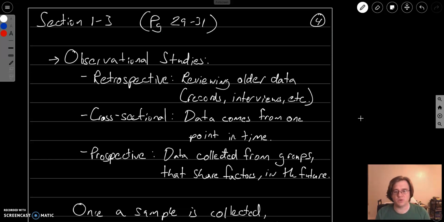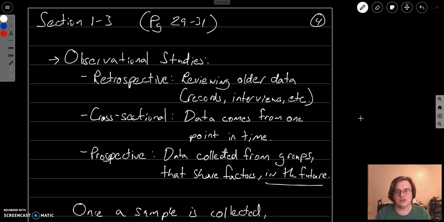But we can also go forward in time with prospective data. This is data that's worded in a way that suggests it's coming from the future, but what's more apt here is that this is data that's collected from a group that has shared some factor from some point in time onward. A good example of this might be studying people that began smoking at a certain age versus people that have not smoked.